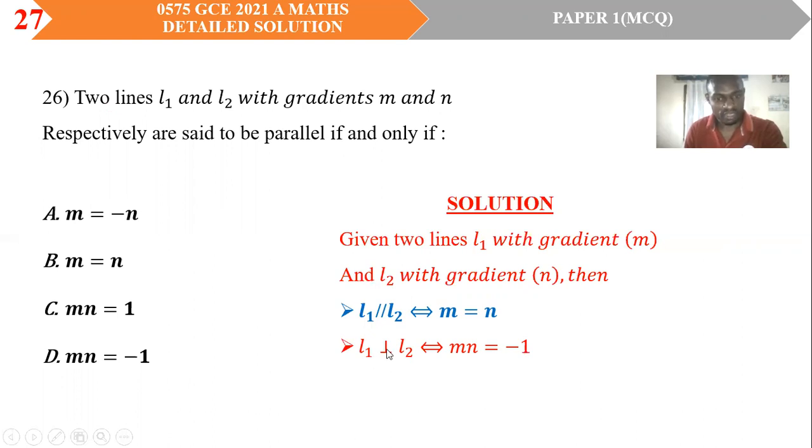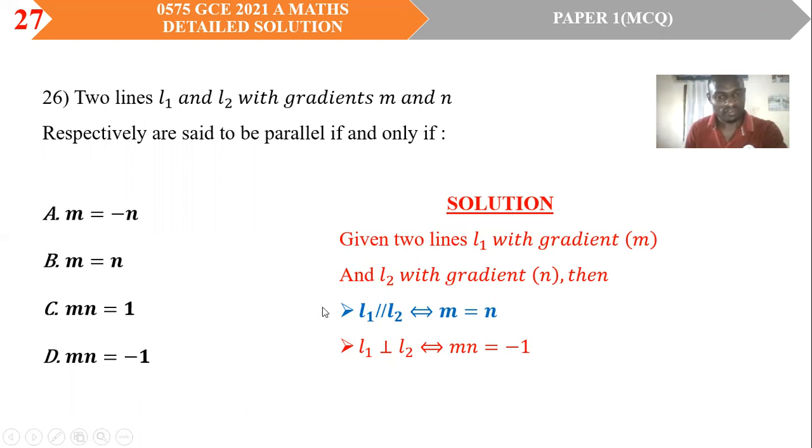L1 is perpendicular, this is the symbol for perpendicular, to L2 if and only if the product MN is equal to -1. In short, we are saying that two lines L1 and L2 can only be parallel if they have the same gradient. And for two lines to be perpendicular, the product of the gradients of the two lines must give -1.